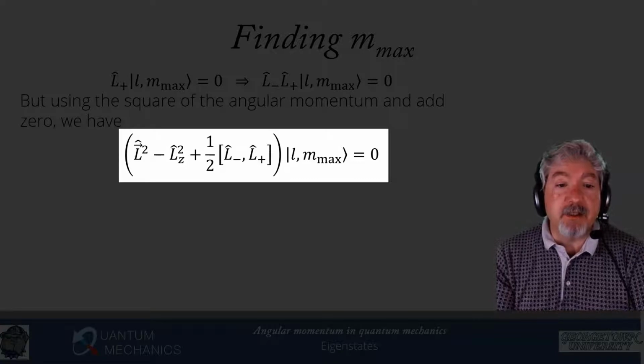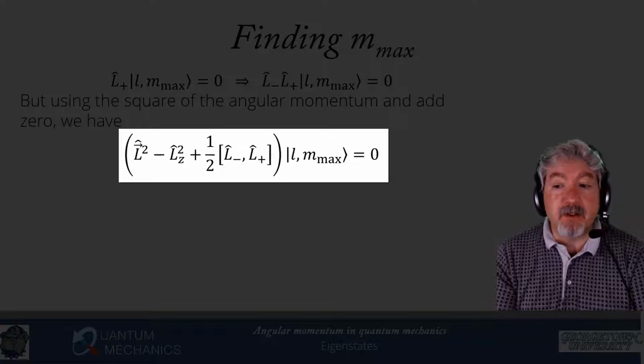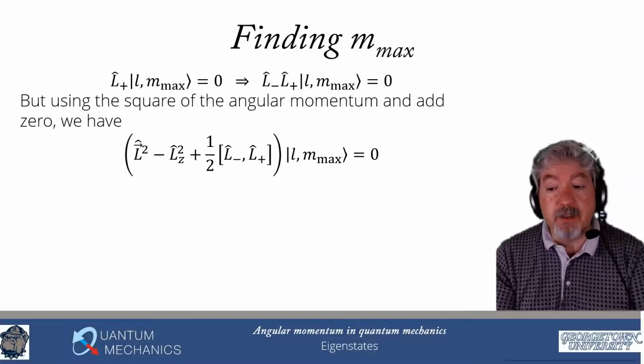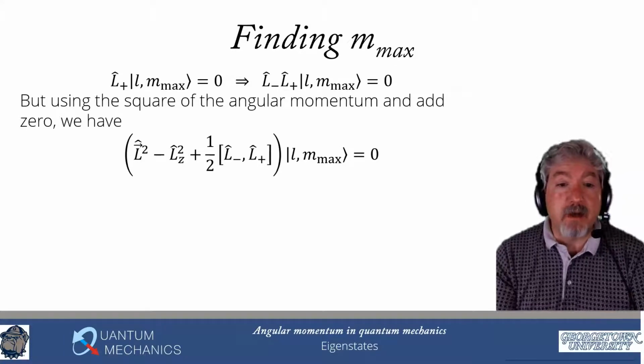And if I add this commutator, 1/2 the commutator of L minus with L plus, it cancels the L plus L minus term, and it doubles the L minus L plus term, so it's equal to L minus L plus. If that went too fast, please pause the video and verify that algebra. It's important that you understand where this comes from. This is an operator identity, so it's completely ironclad that this is true.